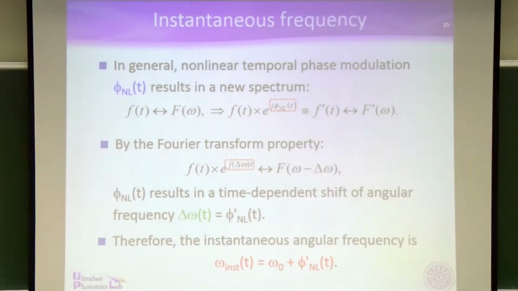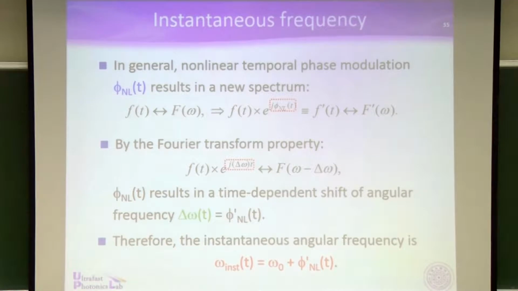So we can generalize the concept. Whenever our phase modulation is nonlinear, such as the self phase modulation effect we have introduced, then the frequency shift is simply the time derivative, phi prime. Here, prime means time derivative of the nonlinear phase modulation.